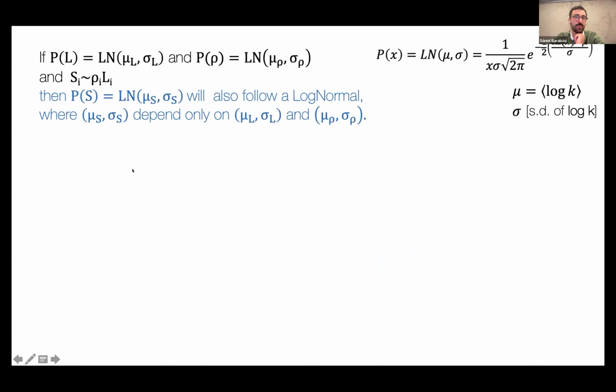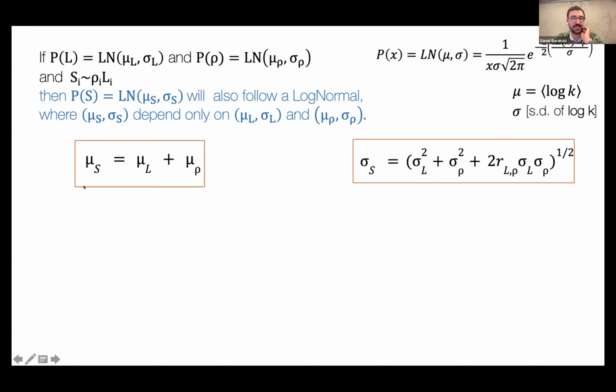And therefore we can make this derivation, which is basically saying that if these two values are log normal and you're multiplying them together, then the result will also be log normal. And you can derive the synapse distributions, the number of synapses that neurons have, from the distribution of their lengths and the density of synapses that you have.